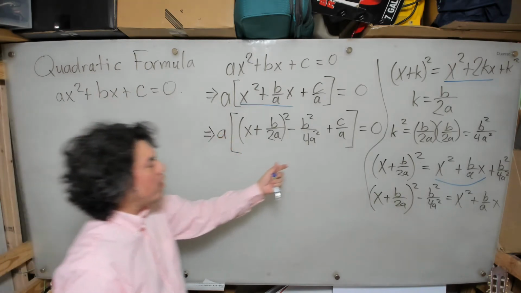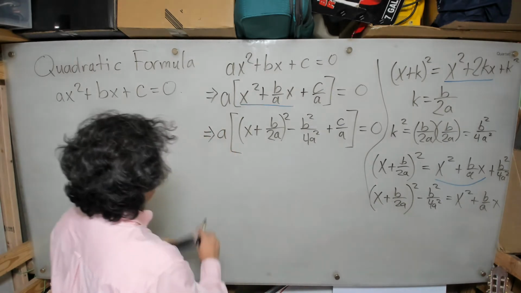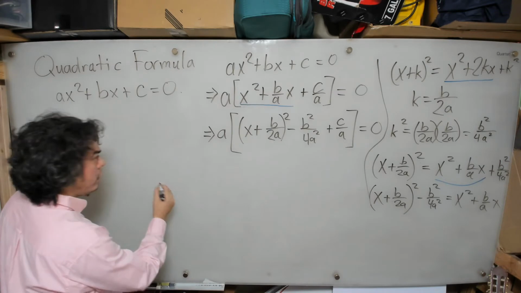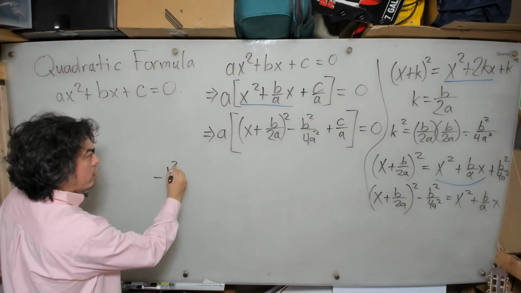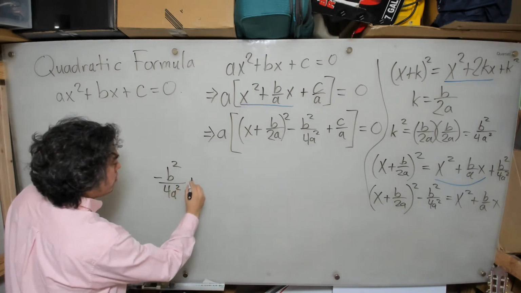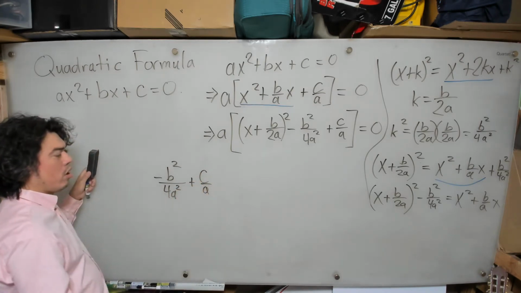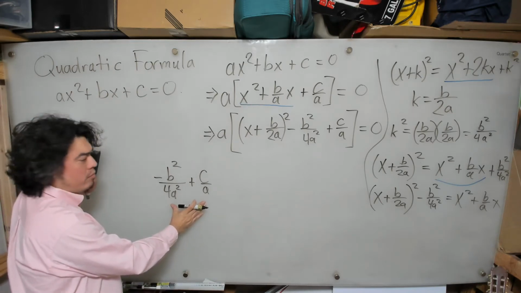So now what I want you guys to observe is that we want to combine these fractions. So let's do that down here. Negative b squared over 4a squared plus c over a, right? We need to get these two fractions to have the same denominator.